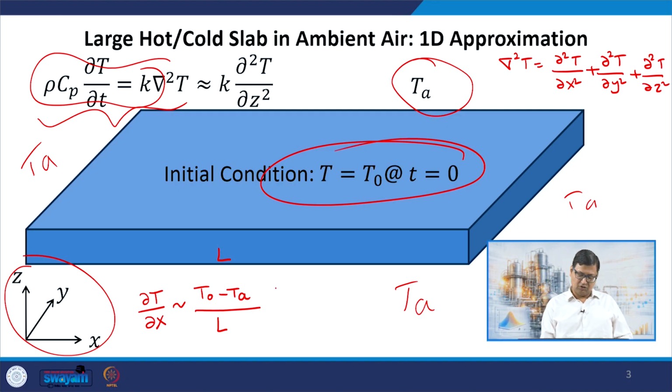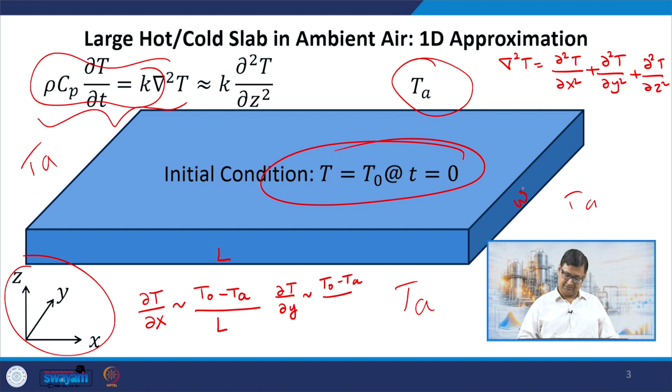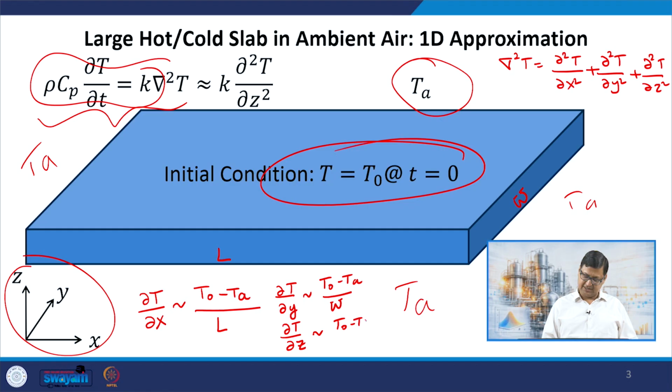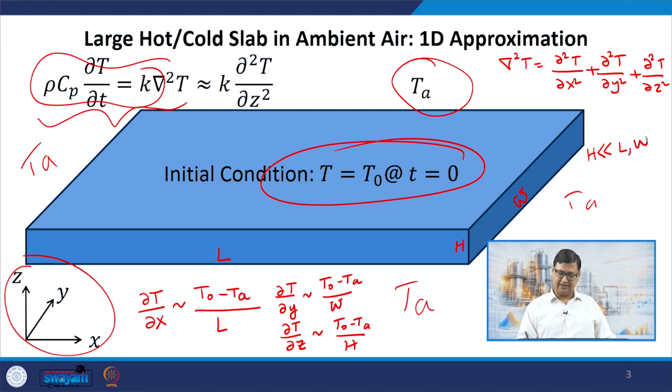The dou T by dou y is similarly something like T naught minus T A by the width in the y direction, and my dou T by dou z is going to be something like T naught minus T A by the thickness, let me call it h, in the z direction. Now, clearly h is much less than length and the width.